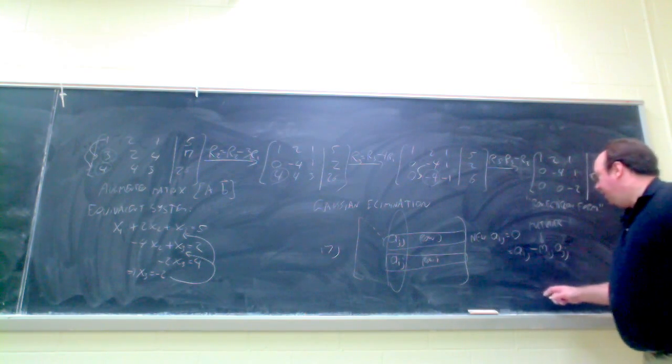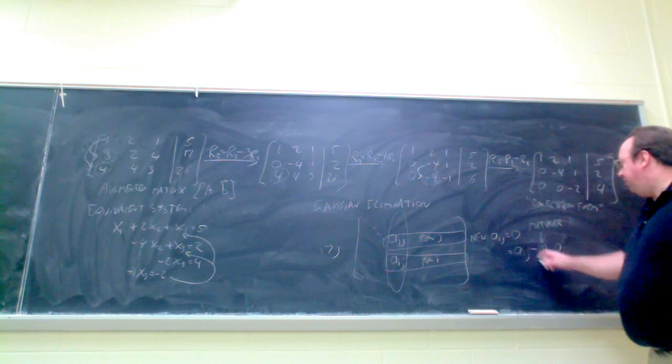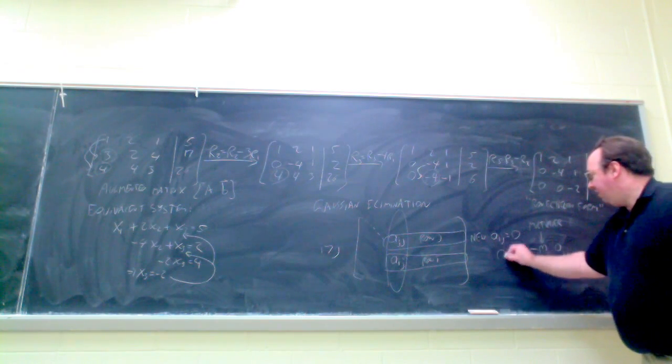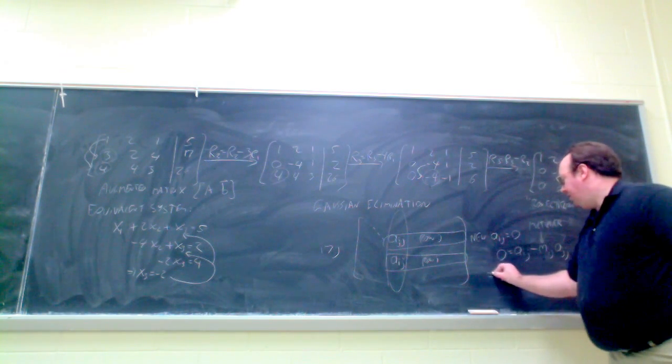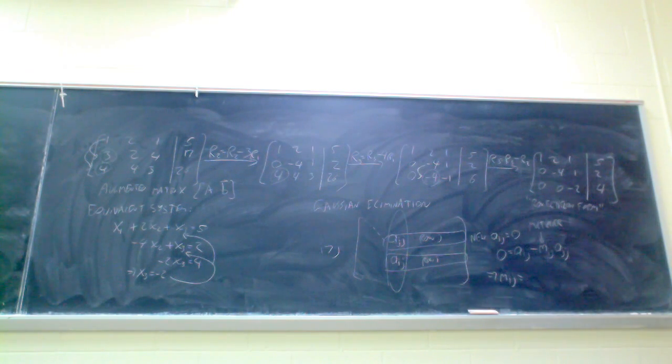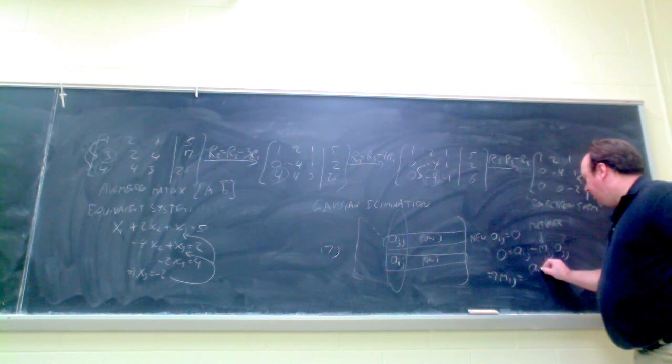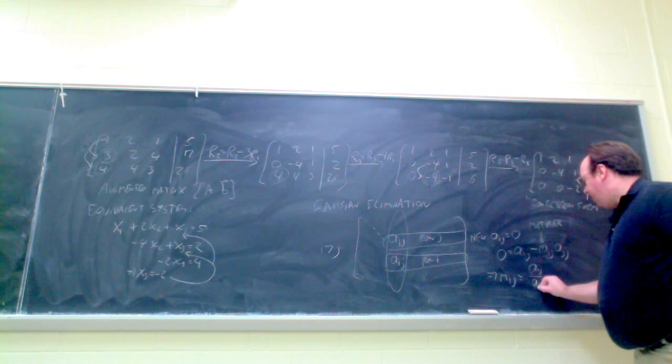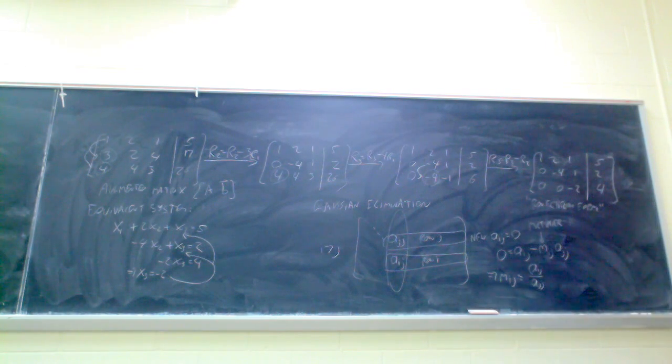Since this is supposed to be 0, we can just solve for M_ij. What is M_ij? It's A_ij over A_jj. Okay. Which means A_jj better not be 0. We can't have any 0 diagonal elements.